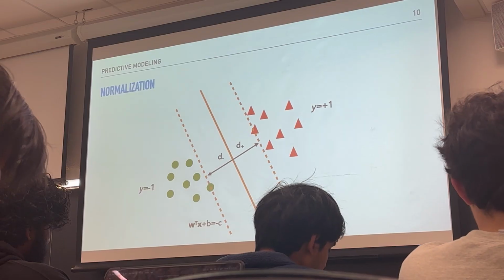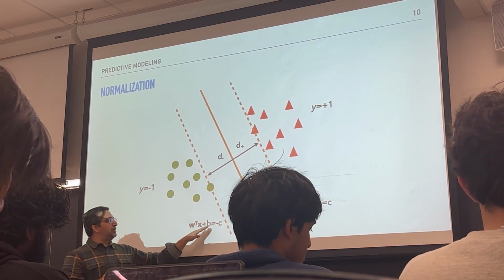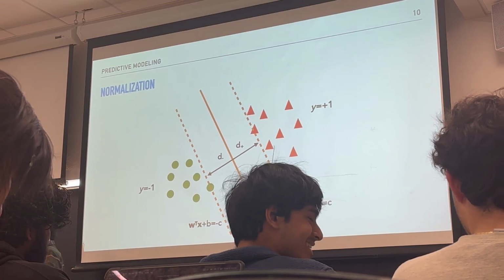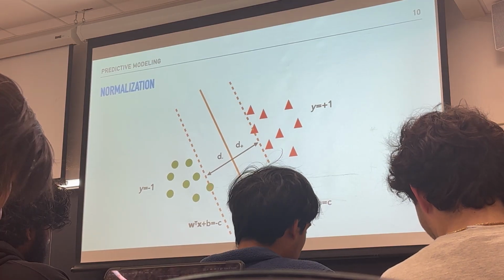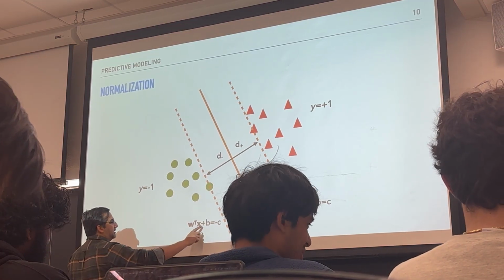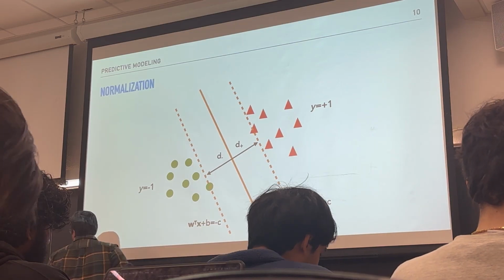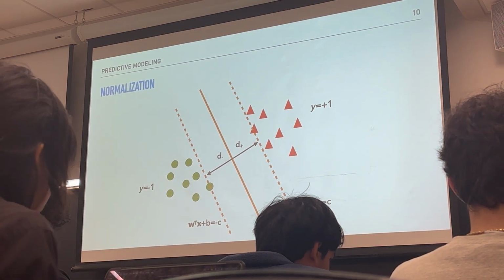Now here's the claim I'm making. I can divide all the equations by C, and that does not really change the hyperplanes. So instead of having W transpose X plus B is equal to minus C, I can just replace this C with 1, and that can be done without loss of generality.